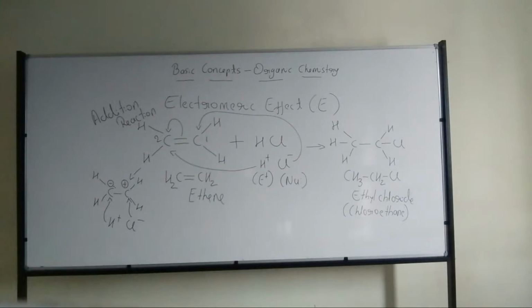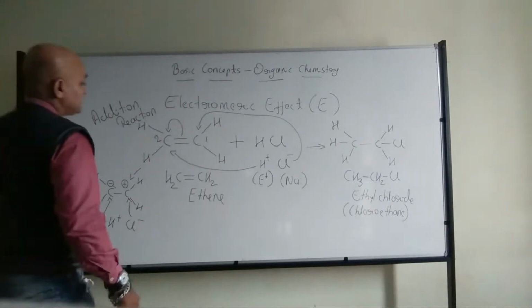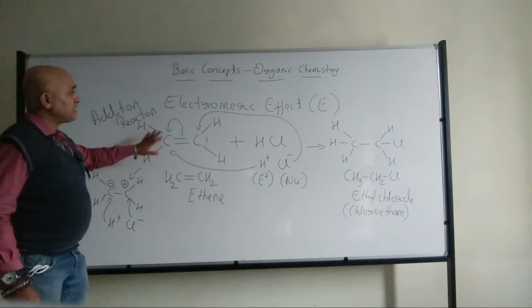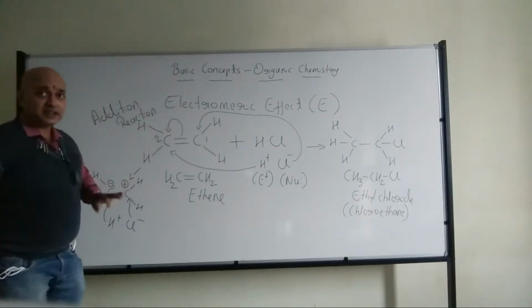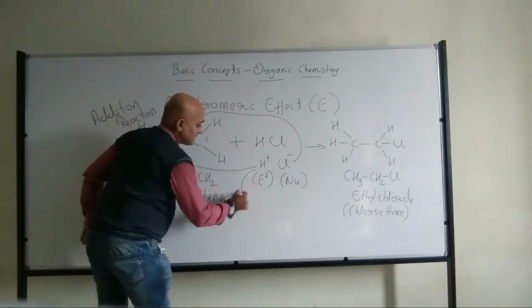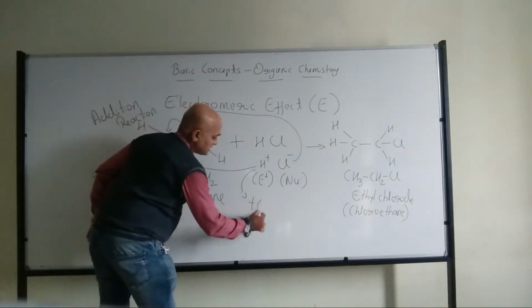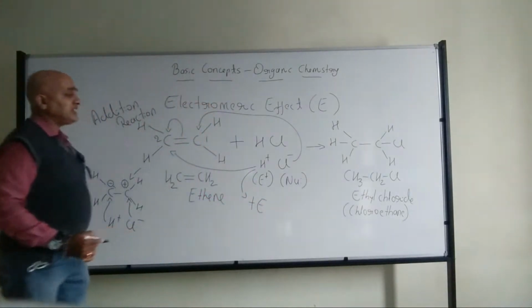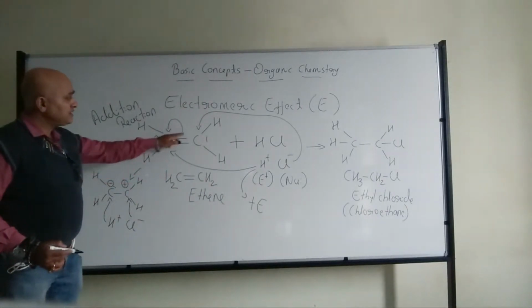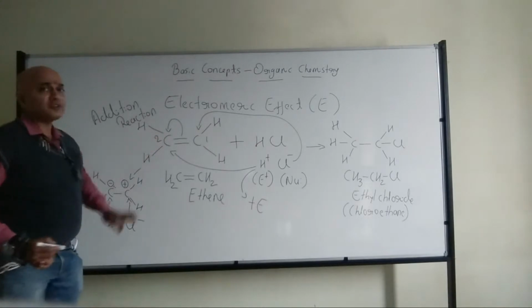Any doubt? If you have any doubt, you can ask. So if I consider H plus, then it is called positive electromeric effect, because the attacking agent is going to the same position where the electrons are moving.